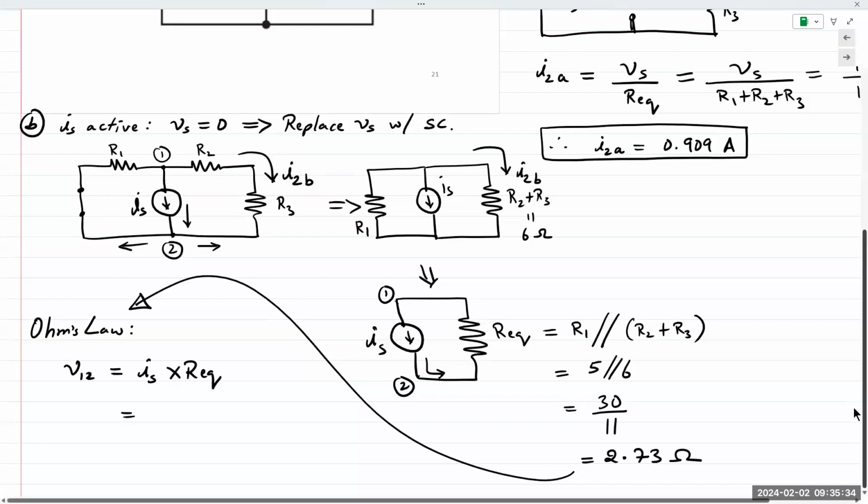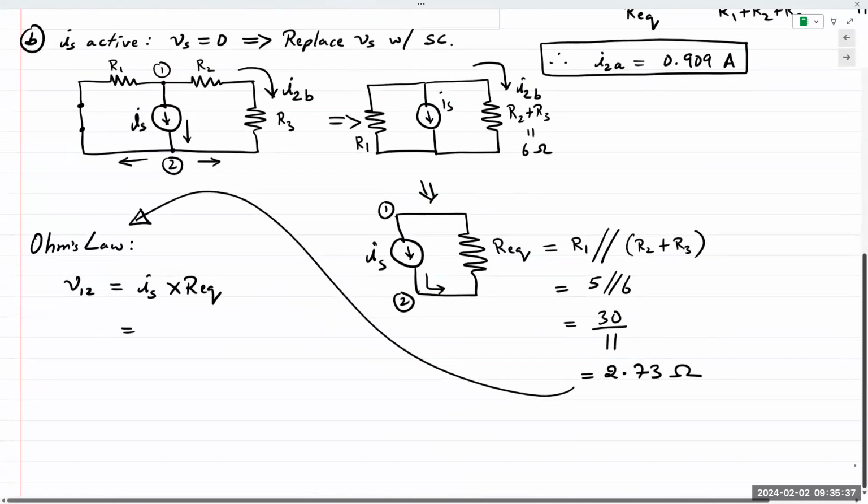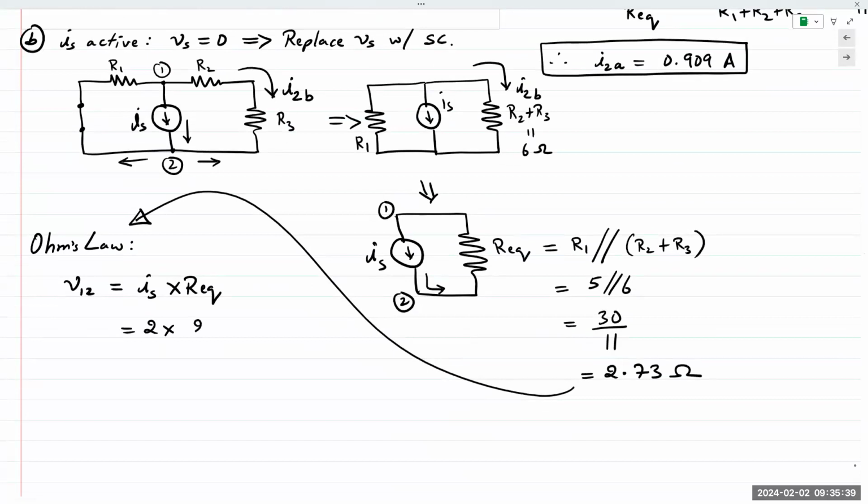IS is, what is IS? 2 amps. 2 times 2.73. 2 3s are 6, 2 7s are 14, 4 and 5, 5.46 volts. 5.46 volts is across R1, across IS, and also across the 6 ohm combination. You guys with me so far?